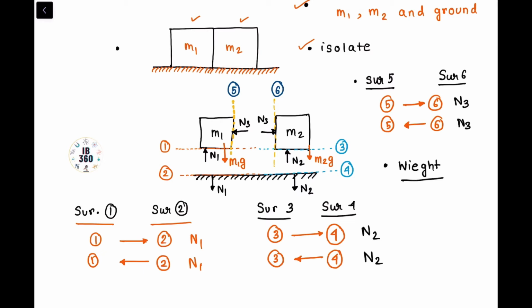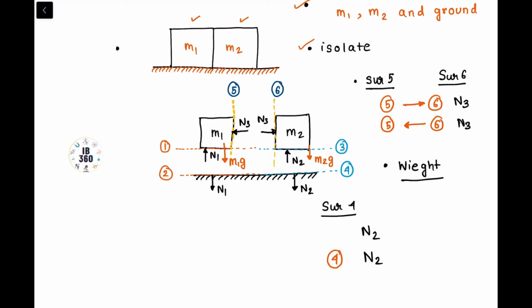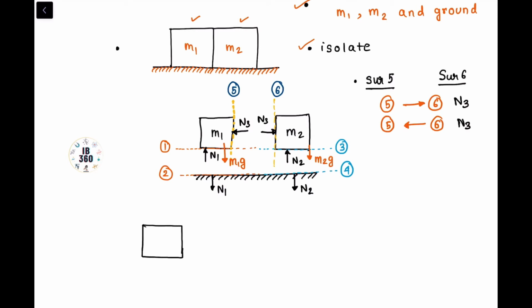Now what is step number 4? Step number 4 is to draw a neat diagram. Why? Because this diagram has become messy. So if I just rub this, I can draw a neat diagram. For M1, suppose this is the M1 block.